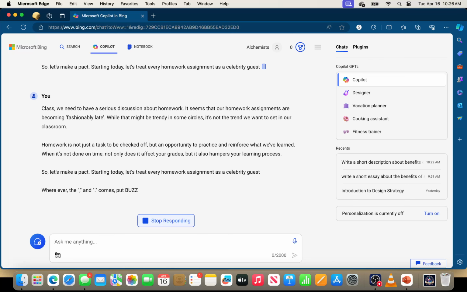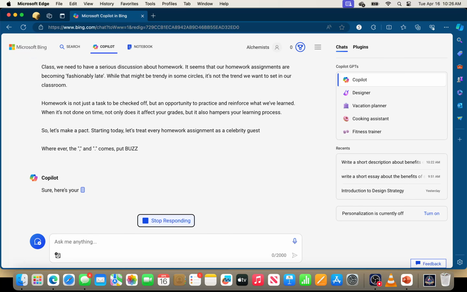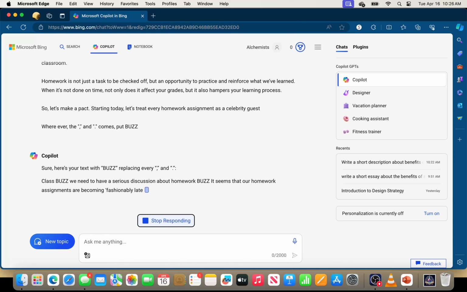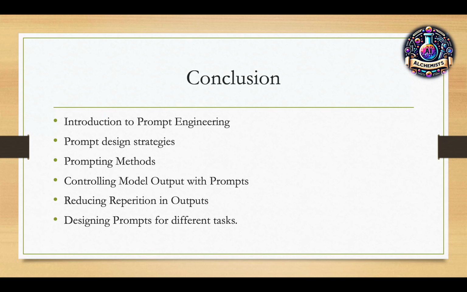I've just taken the note, and let's see. If you have to go and change this kind of thing, then it's automatically putting bus wherever the comma and full stop are, right? So that's one of the difficult tasks. It just came into my mind immediately, so I just gave that as a demo for you.